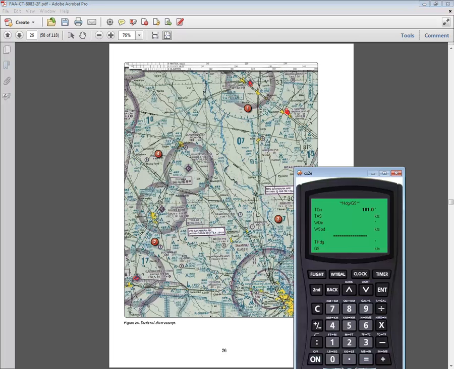Because to find the ground speed for this time, speed, distance question, we have to know first the direction and how much the wind is going to affect our flight over this course. So figure 24, and it looks like the true course from Claxton Evans to Hampton Varnville is 45 degrees.